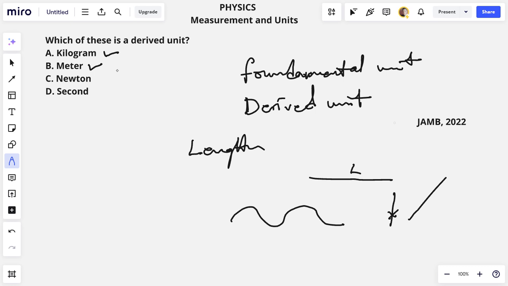Meter is a fundamental unit because you can't break it down to find maybe Newton or second in kilogram. Then when you look at Newton, Newton is the SI unit of measuring force. And if you check force, F, the formula for force is what? Mass, which is a fundamental quantity, times acceleration.